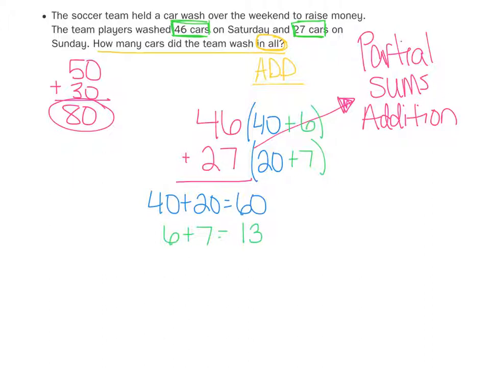And then after I've added my tens and my ones, I'm going to add my partial sums. So 0 plus 3 is 3, and 6 plus 1 is 7. So my answer is 73. So now I'm going to check that with my estimate. Is 73 pretty close to 80? Yeah, they're really close. So my answer makes sense. The team washed 73 cars in all.